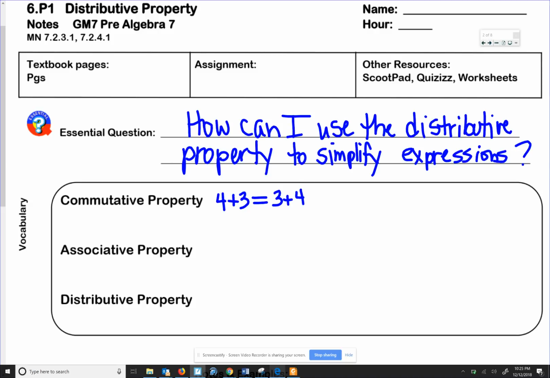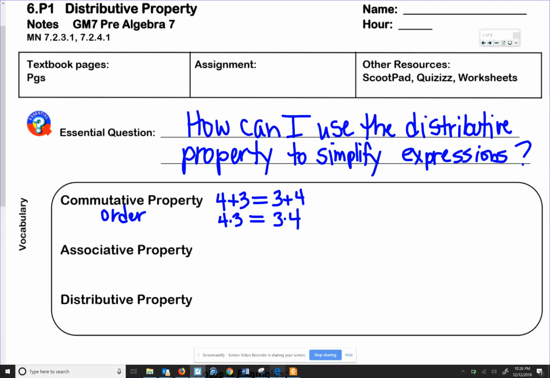Or if we were multiplying, okay, so you see how it works for addition. If I said 4 times 3, that's 12. 3 times 4, that's 12. They have the same value. So this has to do with the order.